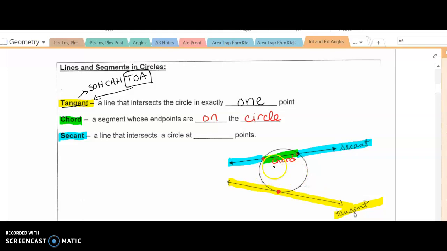Maybe sometimes just the chord is showing, but just know that if you were to extend a chord out, it would be called a secant, and it intersects a circle at 2 points. So it's like Cupid's arrow. It goes all the way through the circle and comes out the other side. So tangent only touches the circle at one point, secant goes all the way through the circle, and chord is just the part of the secant that's inside the circle.